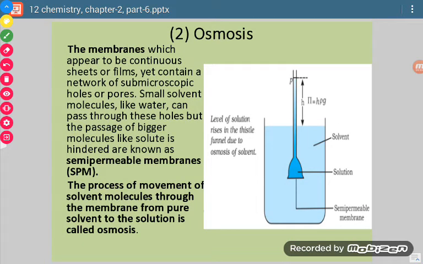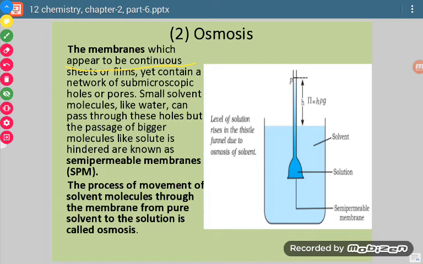Now the second concept is osmosis. Now see, in this phenomenon a particular layer, or we can say a particular membrane, is used. That membrane is called a semi-permeable membrane. What is that semi-permeable membrane?